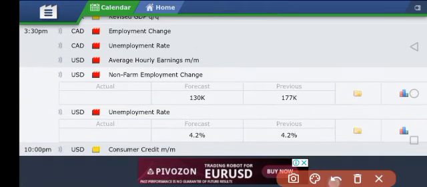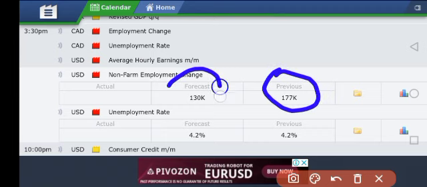So previous data, this one is greater than forecast data. So what does this mean? This means that all pairs having USD, US dollar, as base, they will sell.